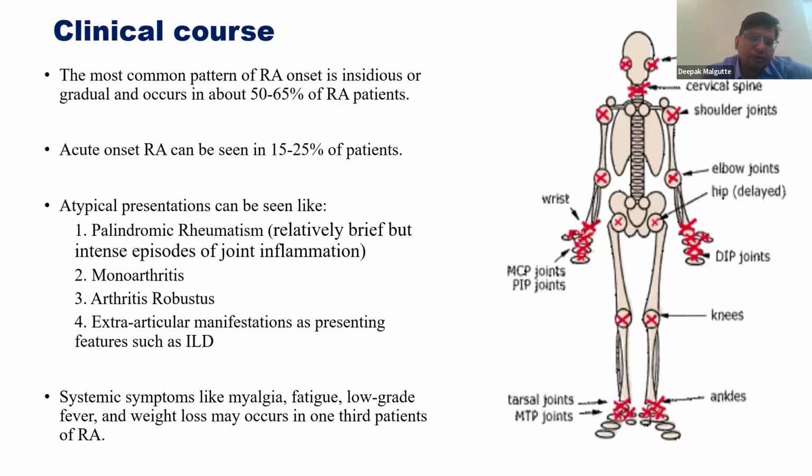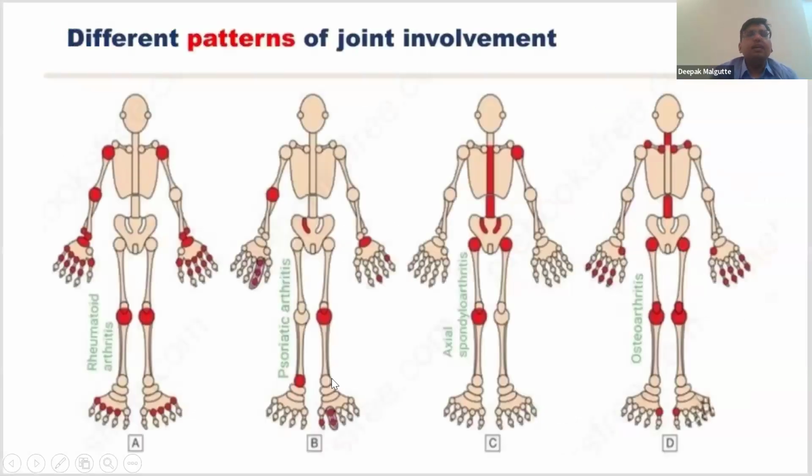And sometimes rheumatoid can present with an extra-articular manifestation like ILD or scleritis as the beginning feature. Systemic symptoms can be seen in one-third of patients, which include fatigue, myalgia, low-grade fever, and weight loss.